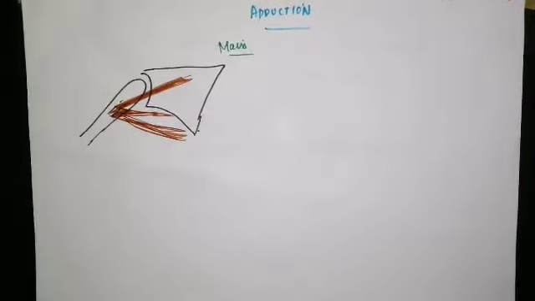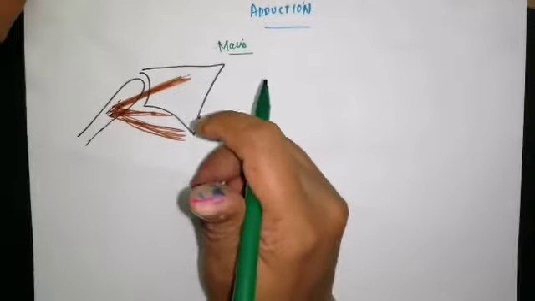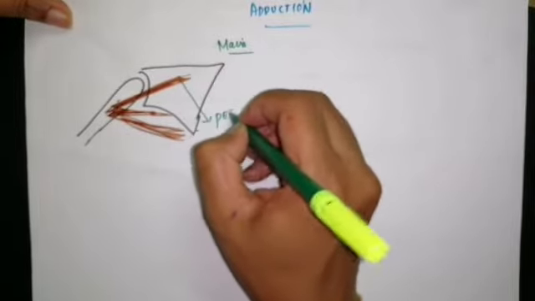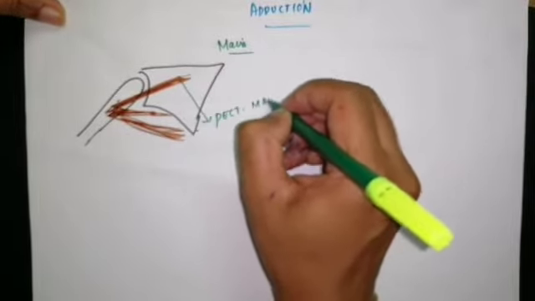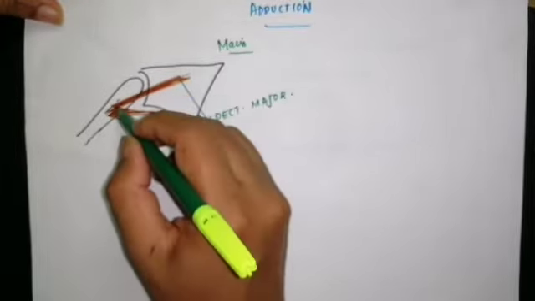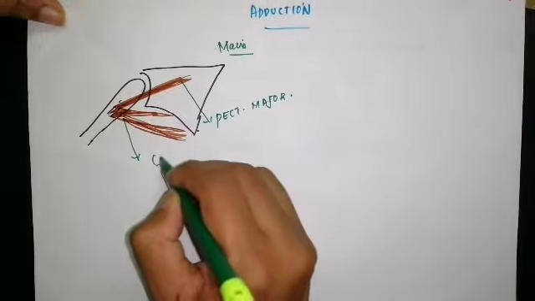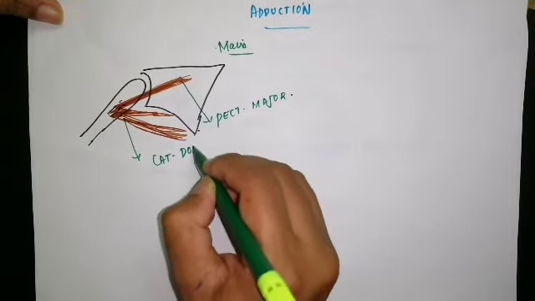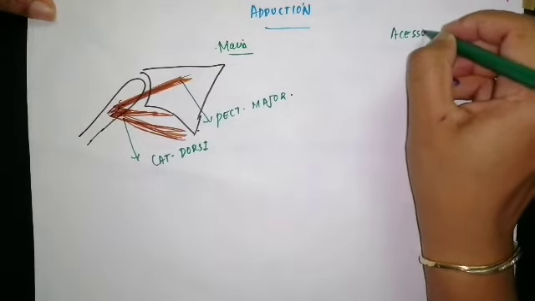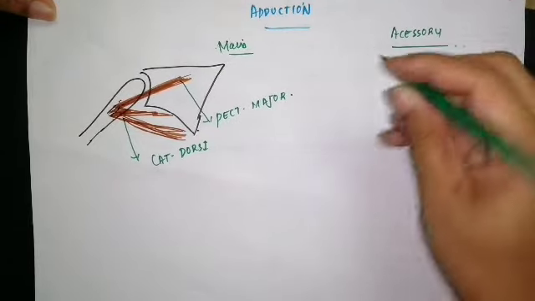The main muscles are pectoralis major and latissimus dorsi. This is the pectoralis major and latissimus dorsi. And the accessory muscles, which are they?